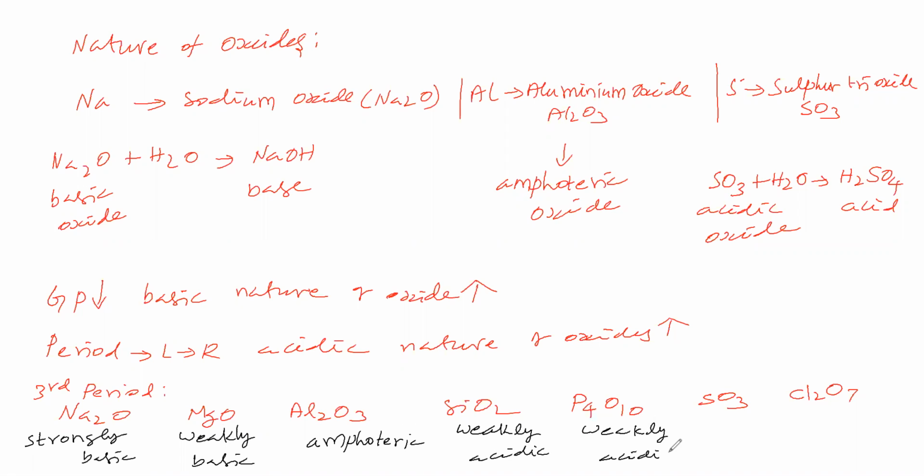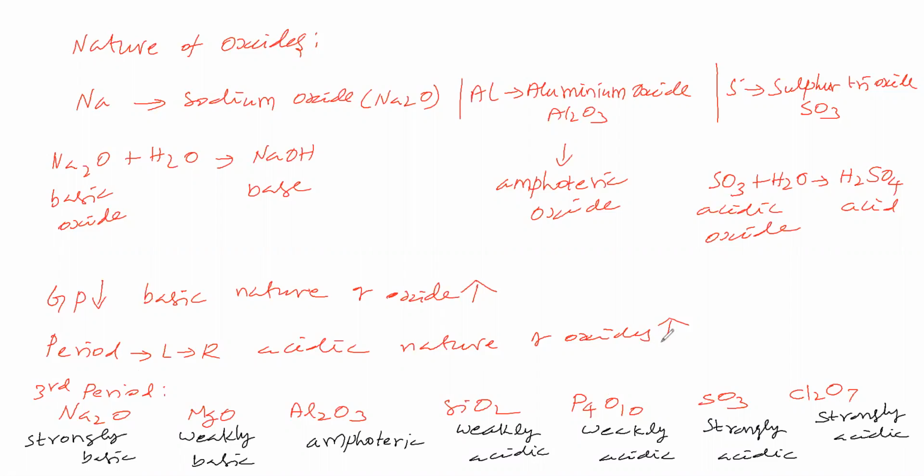SO3 is strongly acidic. Cl2O7 is strongly acidic. So in the third period, see how the nature of oxides is. Along the period, acidic nature of oxides increases.